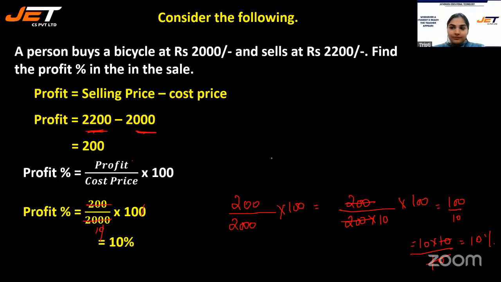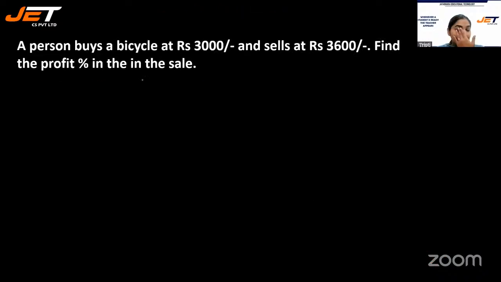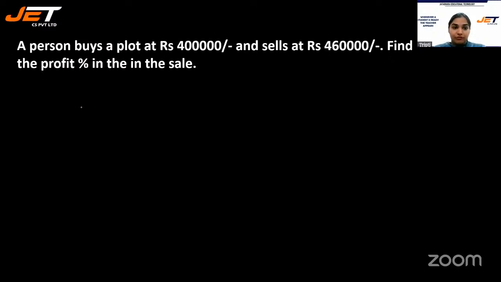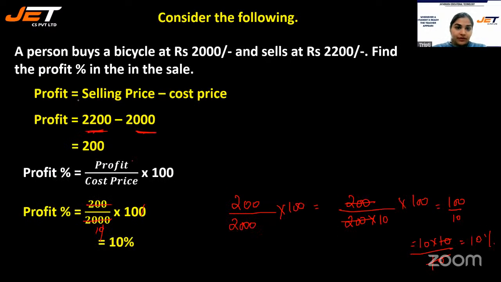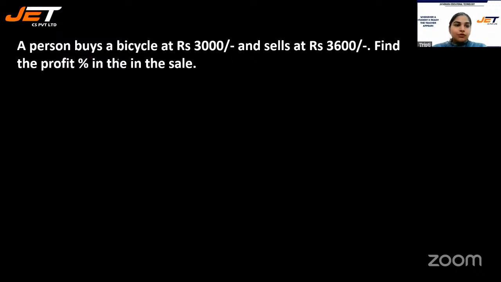Okay. Next question. A person buys a bicycle at 3000 and sells at 3600. Find the profit percent. So this bicycle was for 3000 and he sells it at 3600. Find the profit percent. Let's see how to do it. So you know that this is the cost price.